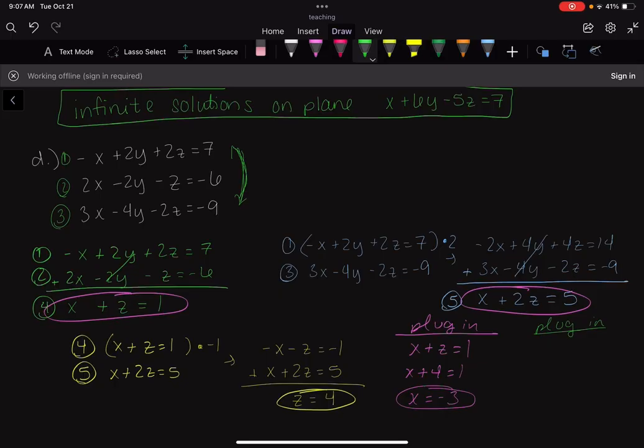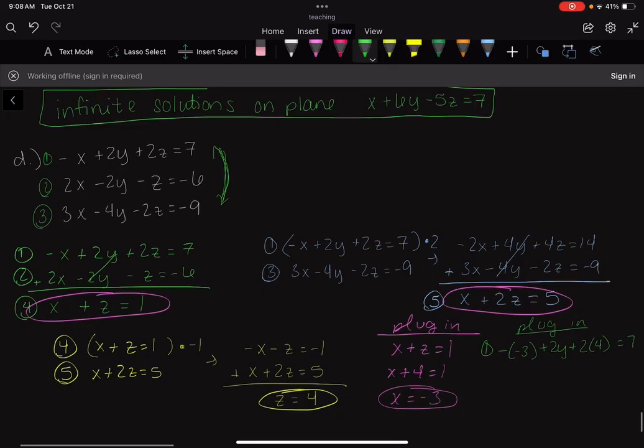Maybe the first one. So I would get negative, negative 3. So I'm plugging this into equation 1. Negative, negative 3 plus 2y plus 2 times 4 equals 7. So I get 3 plus 2y plus 8 equals 7.